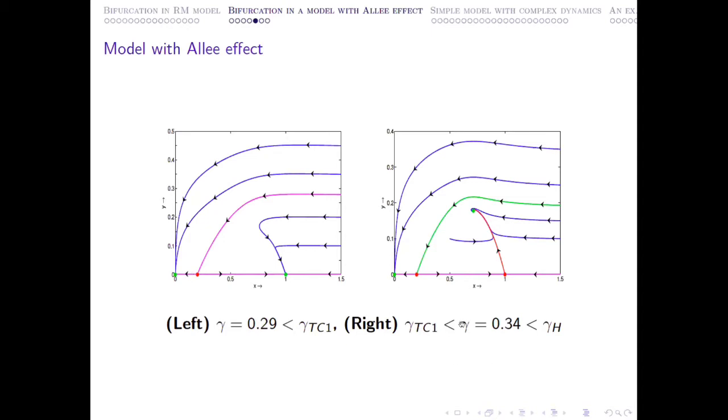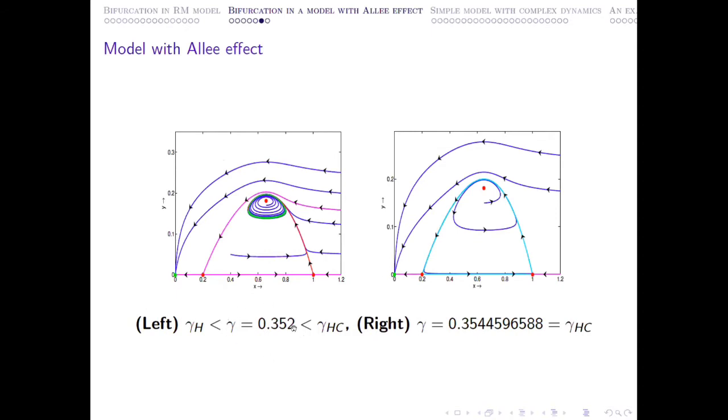Now, when gamma is greater than this transcritical bifurcation threshold but less than this Hopf bifurcation threshold, then your coexistence equilibrium point is stable. Again, there is a separation between their basins of attraction. Still, there is a wide domain from where, if you start, the trajectory will converge to the extinction equilibrium point.